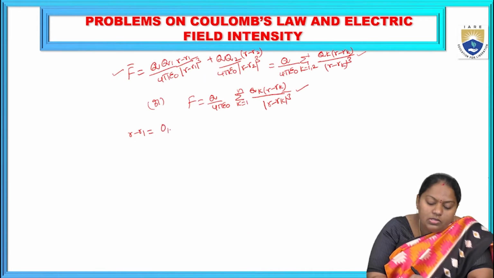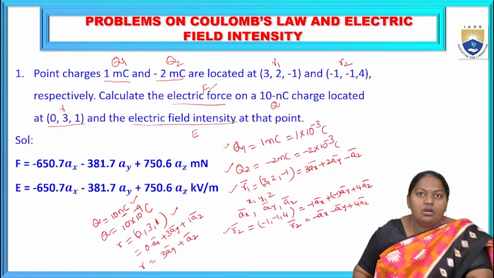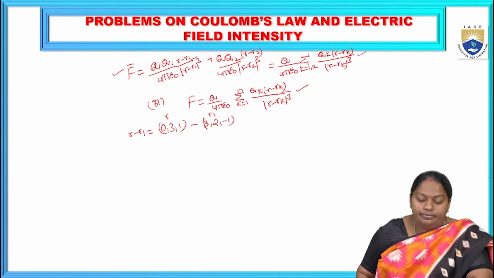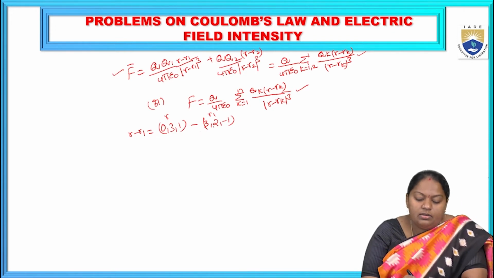So R minus R1 is (0, 3, 1) minus (3, 2, minus 1).